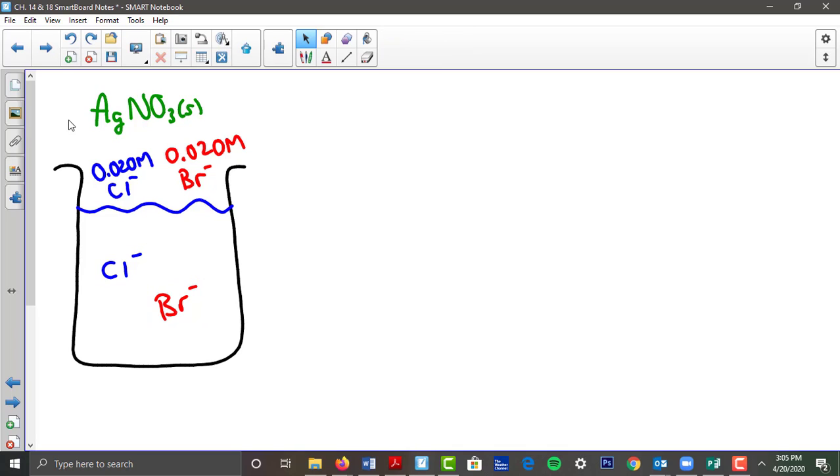And each of those ions had a concentration of 0.020 molar. And let's say that we added to it some solid silver nitrate. Because it's a solid, it's not going to change the volume of the solution appreciably. So the total volume is going to stay the same.